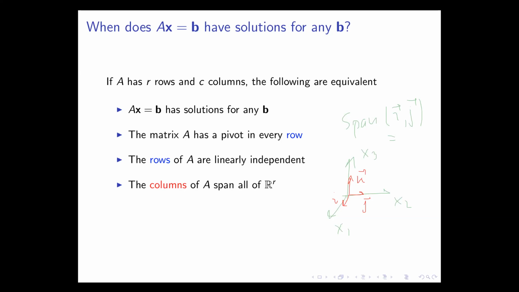The space is 3-dimensional, but we only look at 2 vectors. The span of i, j, k would be the entire space, but now I only take 2 vectors. So it's going to be a plane. Yes, it's the x1, x2 plane, because every vector here is some number times i plus some number times j. It's a linear combination of i and j.